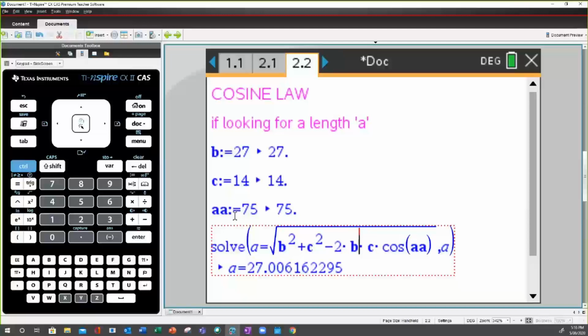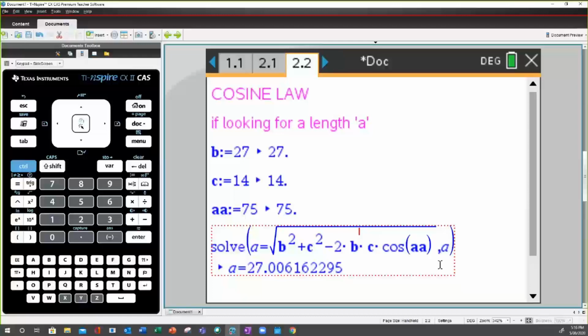What does AA mean? Now this is another interesting thing. Usually when we denote lengths and angles, we would denote the length as a lowercase a and the opposite angle to that length as a capital A. Unfortunately, you cannot do that in the TI-Nspire CAS environment, because it does not differentiate between lowercase and capital letters.